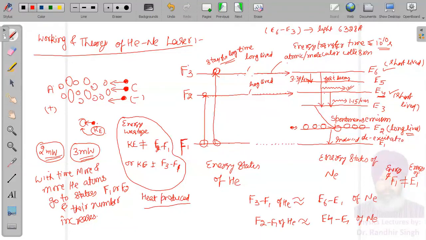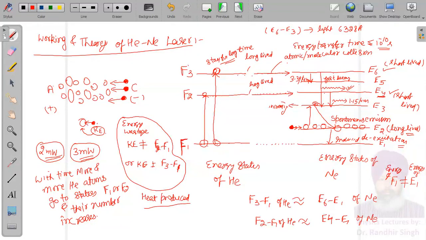If we do not perform this induced de-excitation process, then the electrons which are traveling in the discharge tube can collide with these neon molecules, and these neon molecules can absorb this energy and go back to this state. When these go back to this state, the number of molecules here will start increasing.